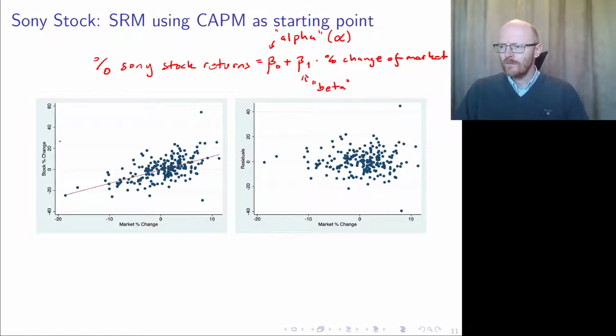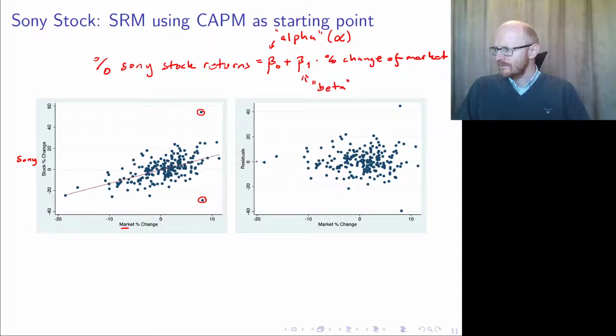Okay, and we need to know, this is the Sony, this is the market, and what we want to check is if a linear model is correct. And apart from two outliers here, one hugely positive and one hugely negative, this relationship looks linear, which means that we can't really detect any non-linearity in this scatter plot.